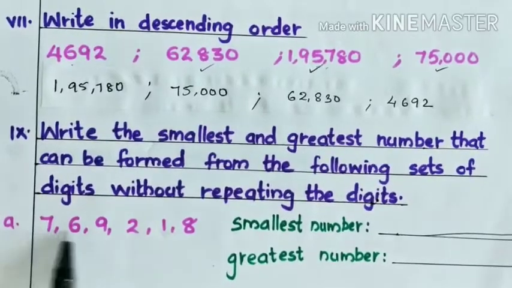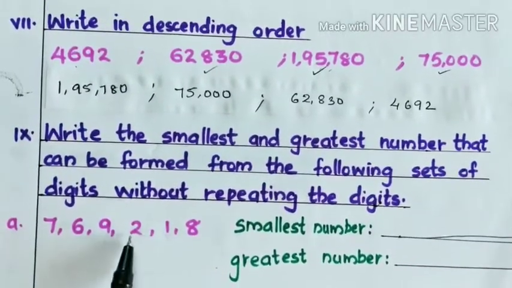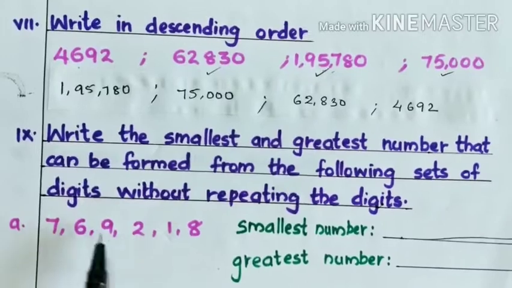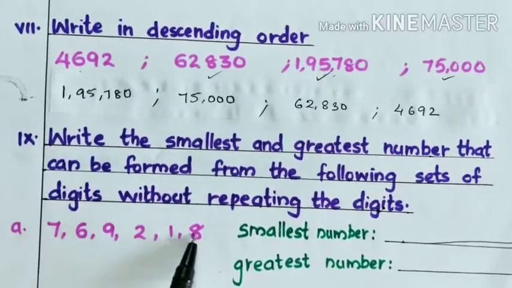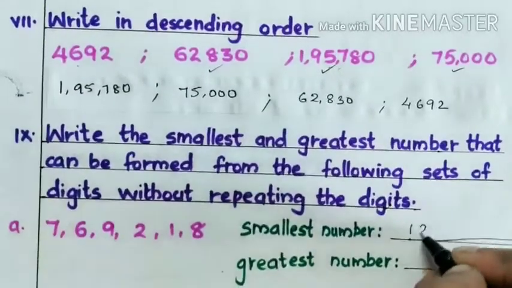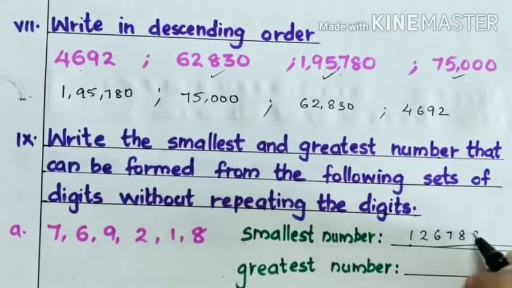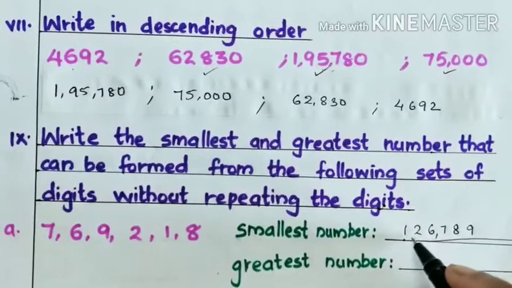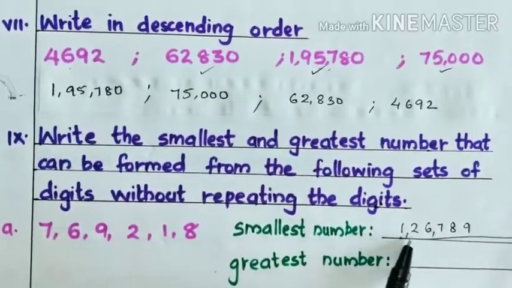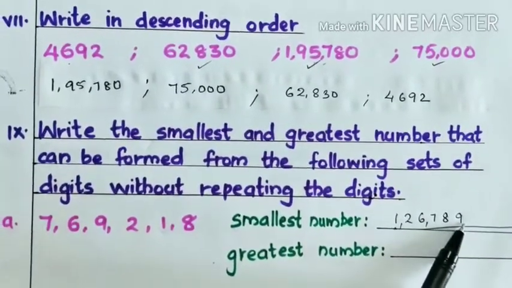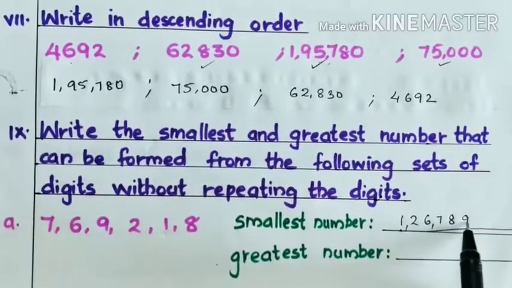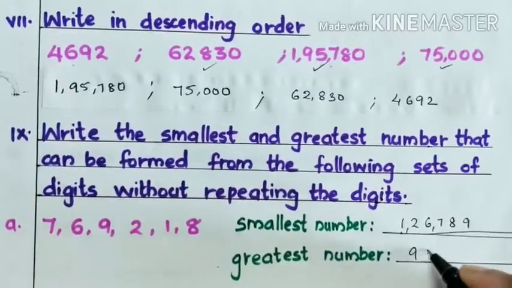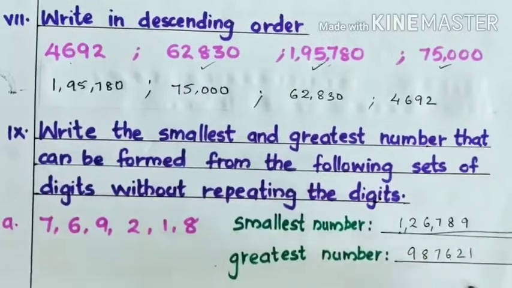Okay, how can we make the smallest number? 1, 2, 6, 7, 8, 9. I put commas: ones, tens, hundreds, thousand, 10,000, lakh. 1,26,789. Biggest number, just reverse it and write 9,87,621.